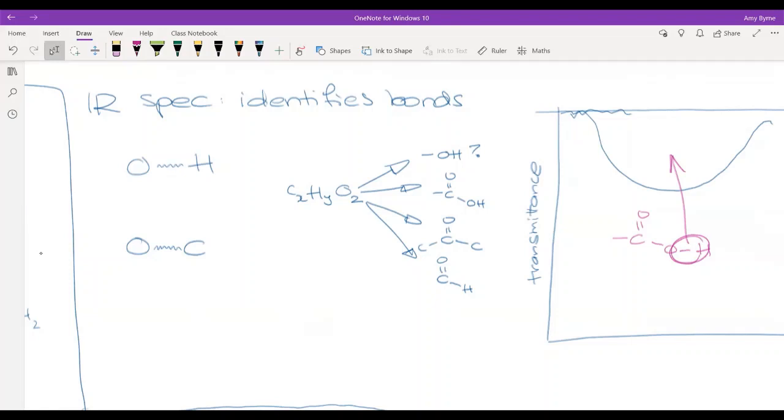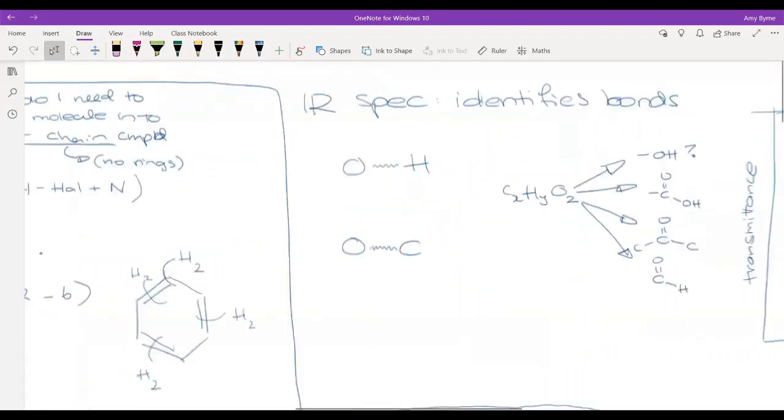I need the other spectroscopy techniques that tell us the other pieces of information I need to get a full structural formula. That's the aim of these, to go from separate pieces of data to a full structural formula.